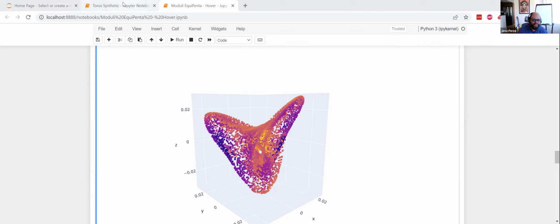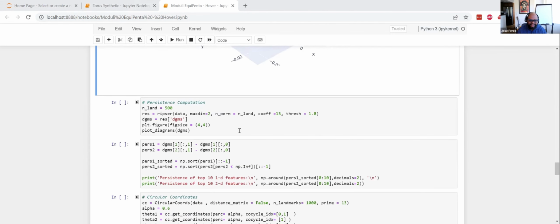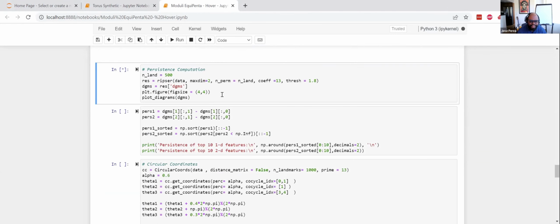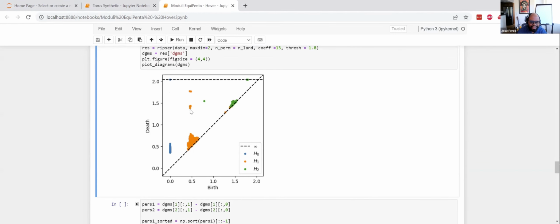Okay, so we're gonna go back to the cyclooctane, not to the cyclooctane, to the space of pentagons. Okay. So now you know enough to follow the code. I computed the persistence diagrams. And as I said, you get 8 classes in dimension 1 and 1 class in dimension 2.